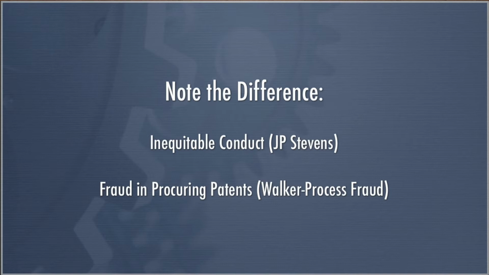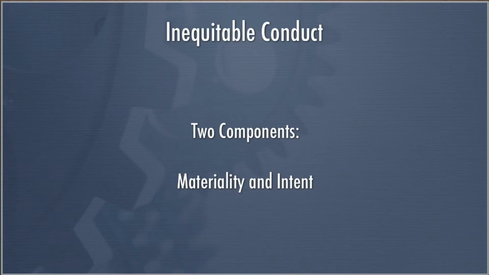Inequitable conduct is sort of a junior varsity version of fraud. The fraud in procuring patents requires a much higher standard of intent and materiality, as we'll find out in a moment. And so inequitable conduct is somewhat lower level of misbehavior than out-and-out fraud in procuring patents, which is known as Walker process fraud.